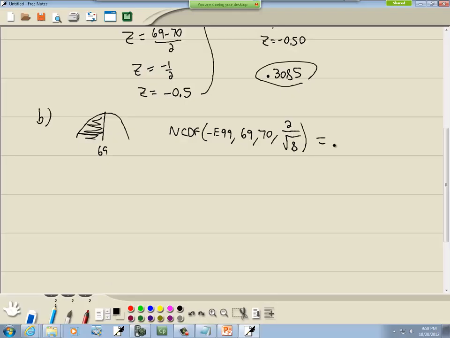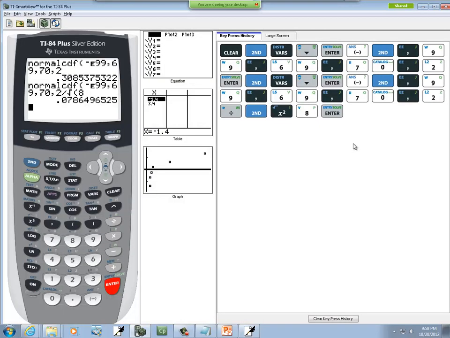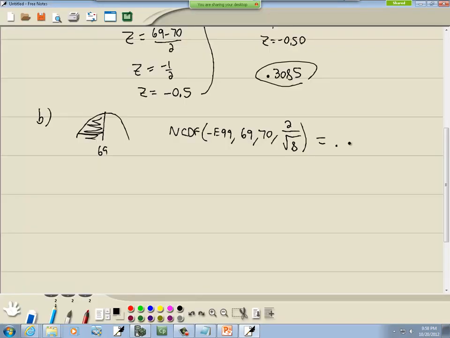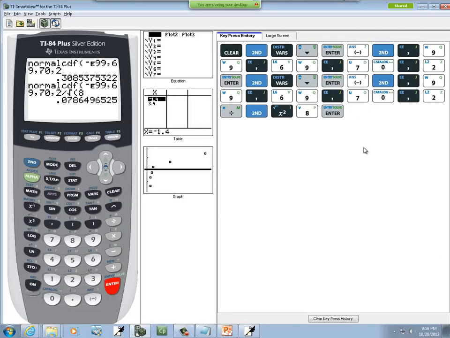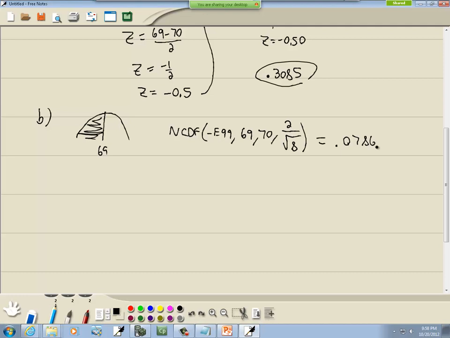And that gives us 0.0786. Okay, that's via the calculator. If you understand the previous normal applications, this is very easy. You just take your standard deviation divided by the square root of n. So it doesn't change a whole lot.